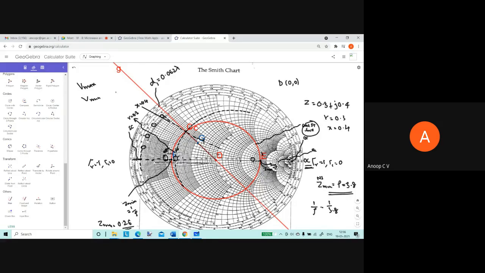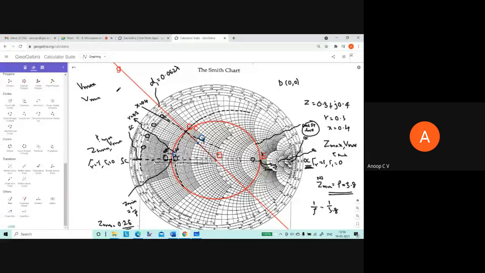Towards the right it is open circuit, that is maximum. That corresponds to Z max or V max or I min. Towards the left it is short circuit, so it corresponds to Z min or V min or I max.